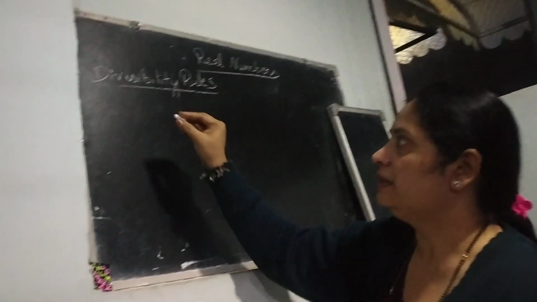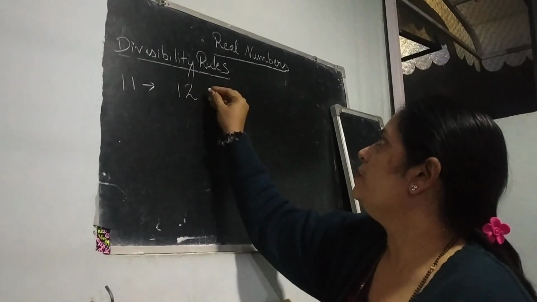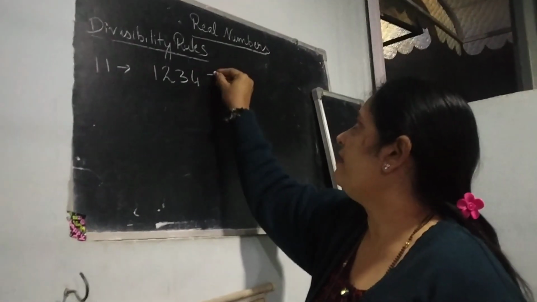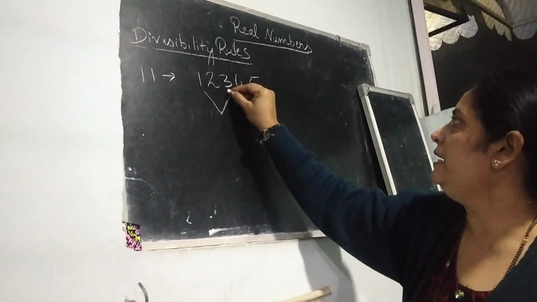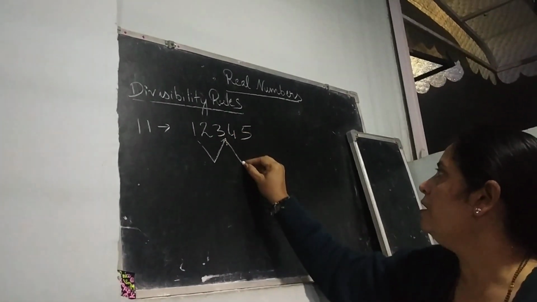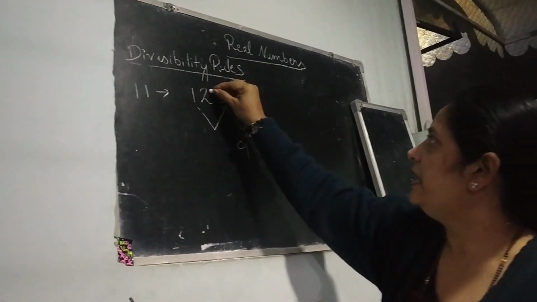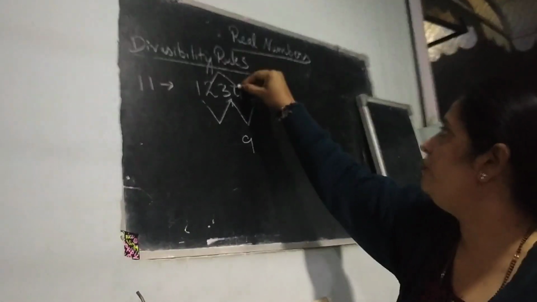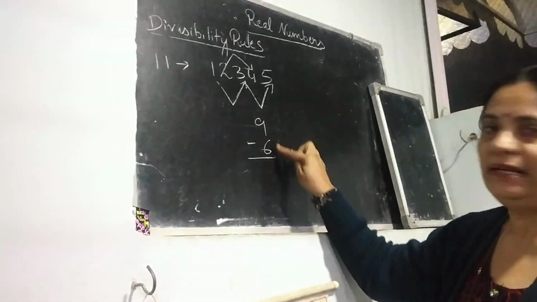Now for 11, sometimes there is some confusion, like the number 12345. In this you have to see alternate digits. 1 plus 3 is 4, 4 plus 5 is 9. Now again alternate digits, 2 plus 4 is 6. Now subtract, that is, find the difference.